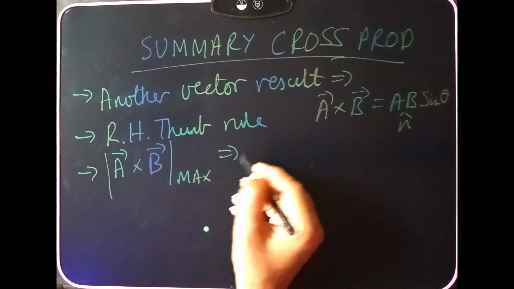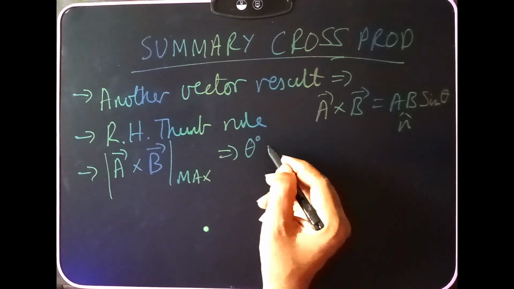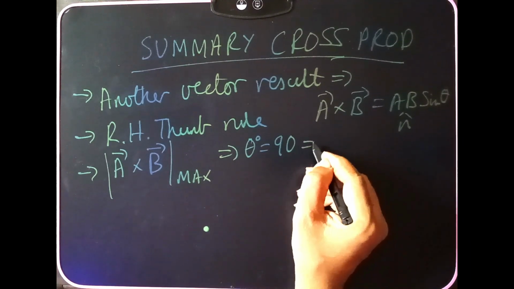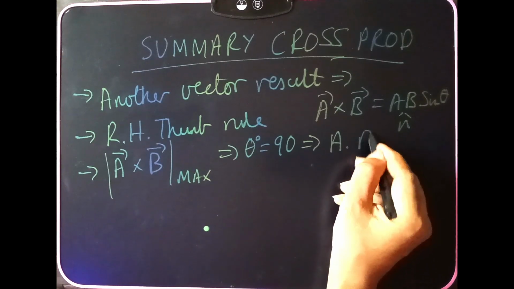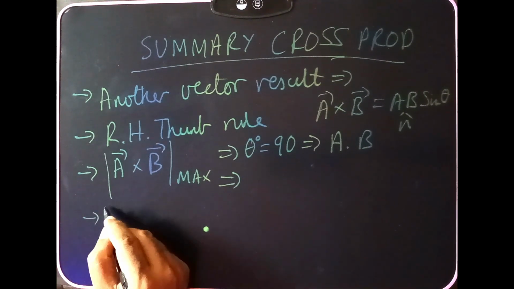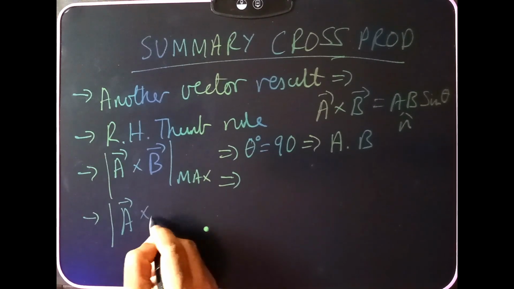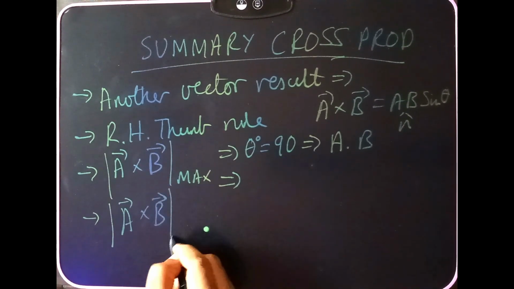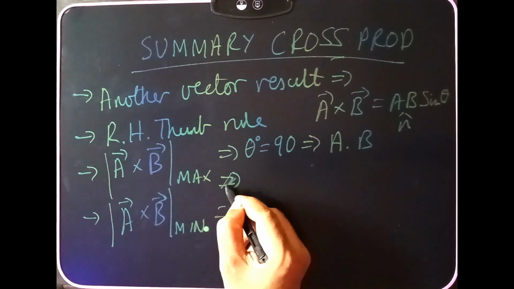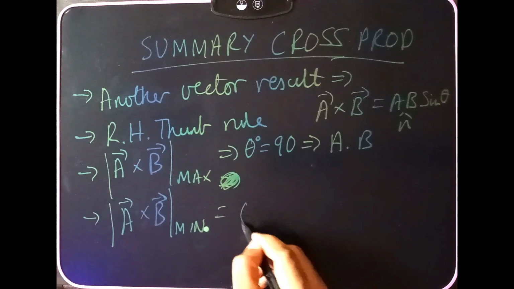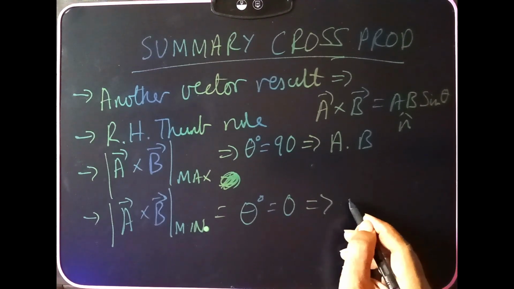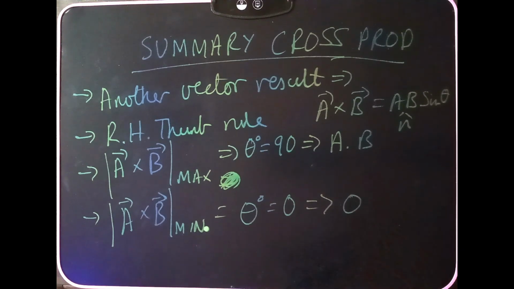It is maximum when theta is 90, that means sine of 90 is maximum, and it becomes AB. Another case we have seen is when A cross B is minimum: when theta is equal to 0, you will get A cross B equal to 0.